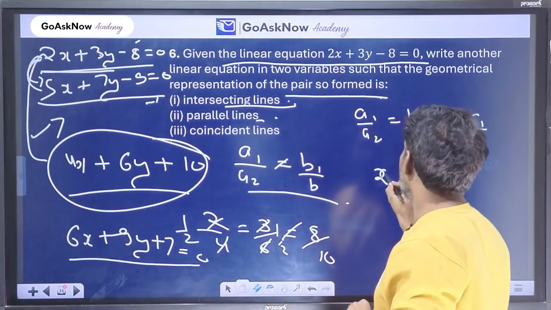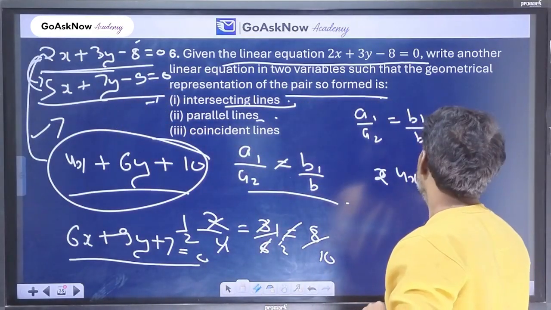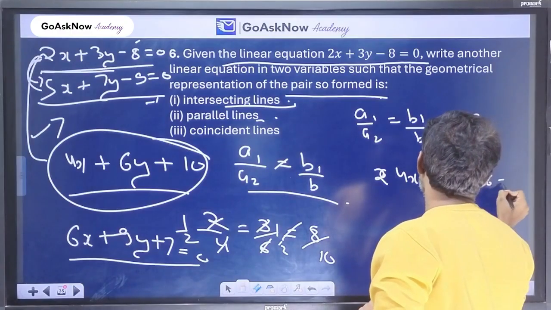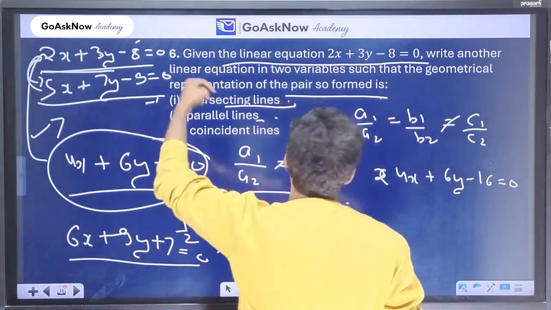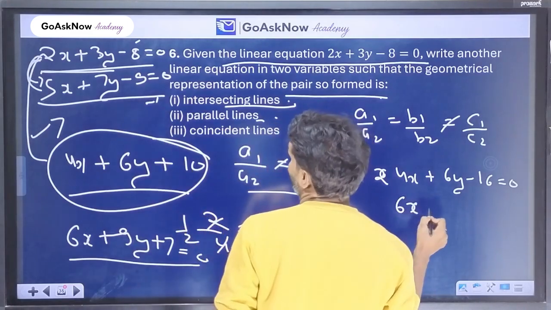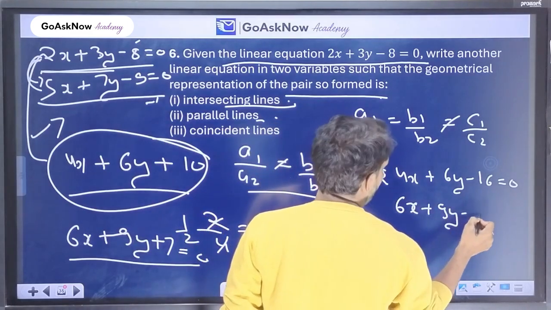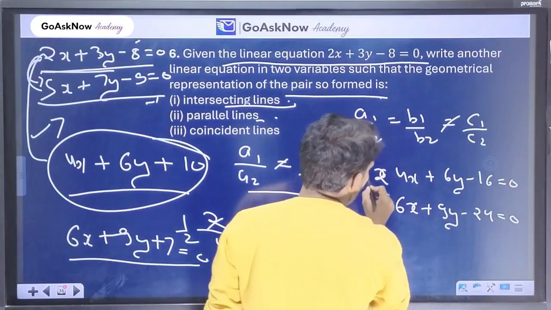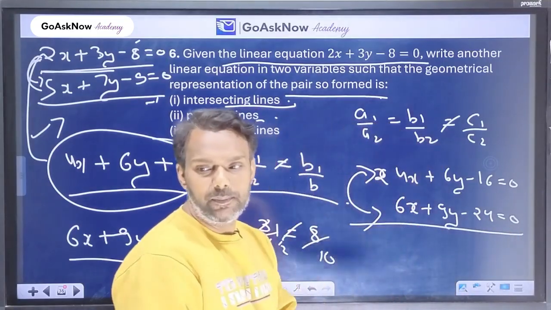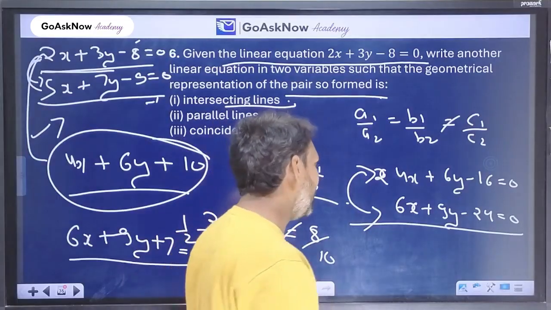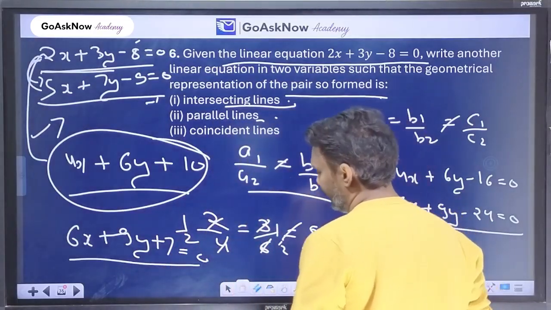Then it's 4x plus 6y minus 16 equal to 0. Let's take the number 3 and multiply it with the equation. Then 6x plus 9y minus 24 equal to 0. In the same way you can find an infinite number of equations which represent many solutions.